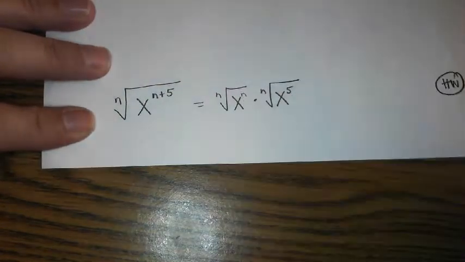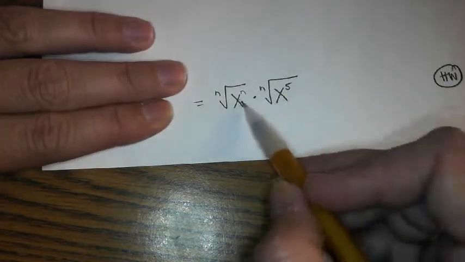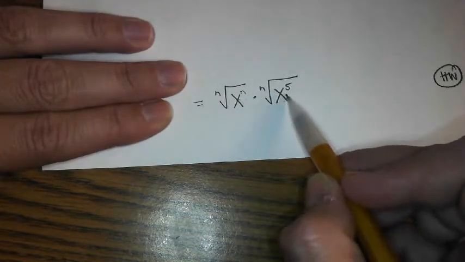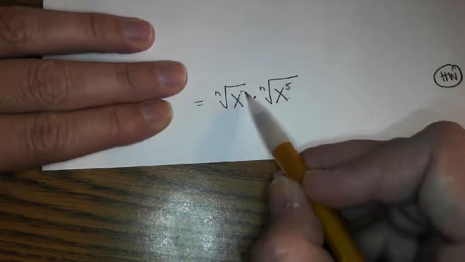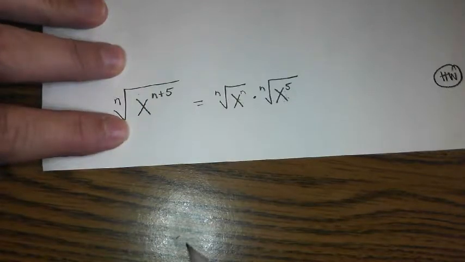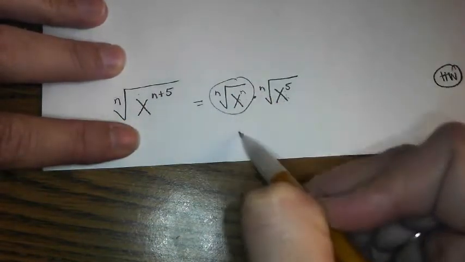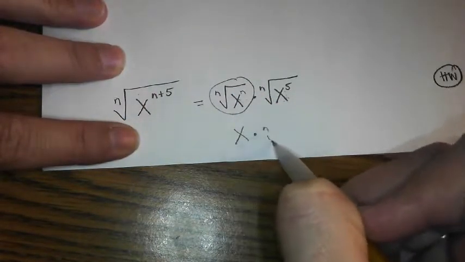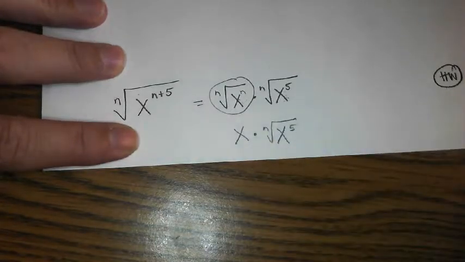That's an x to the n. These two would multiply to become the nth root of x to the n times x to the 5 becomes x to the n plus 5. See that? And then this will always be x times the nth root of x to the 5th.